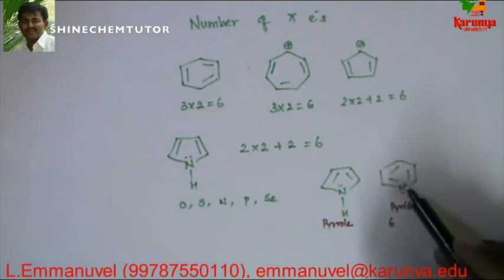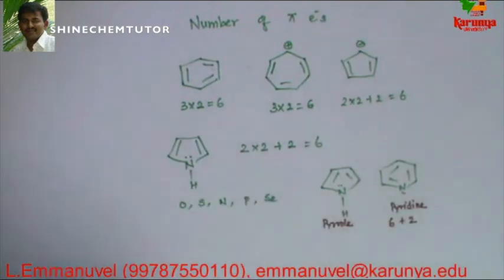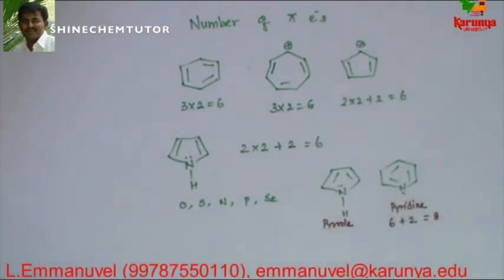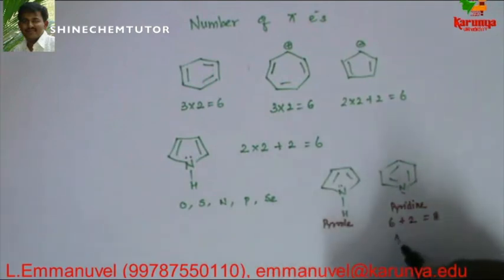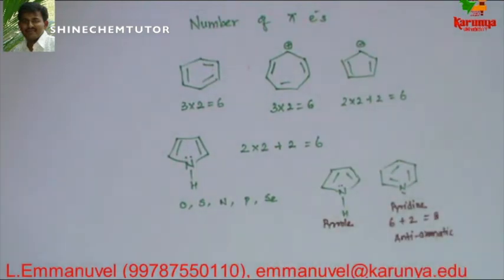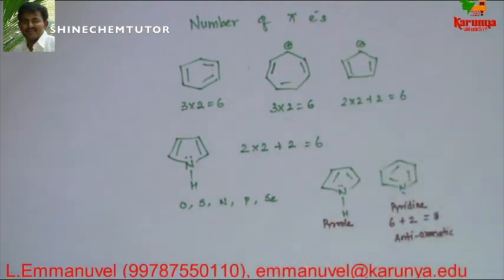There are 3 double bonds, so there are 6 electrons, and 2 more electrons from nitrogen. So the total should be 8. That means, is it anti-aromatic? No, it is not anti-aromatic. The nitrogen on the pyridine will not give 2 electrons.